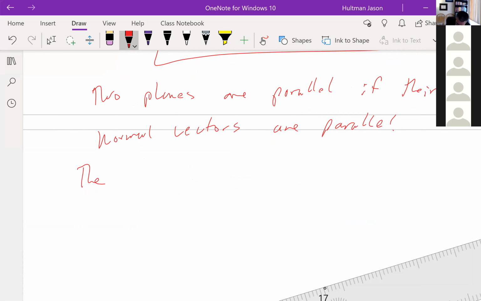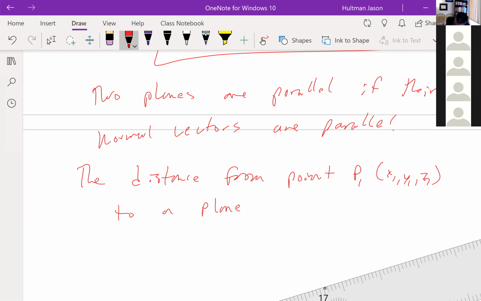The distance from point P1, x1, y1, z1, to a plane ax plus by plus cz plus d is equal to 0.